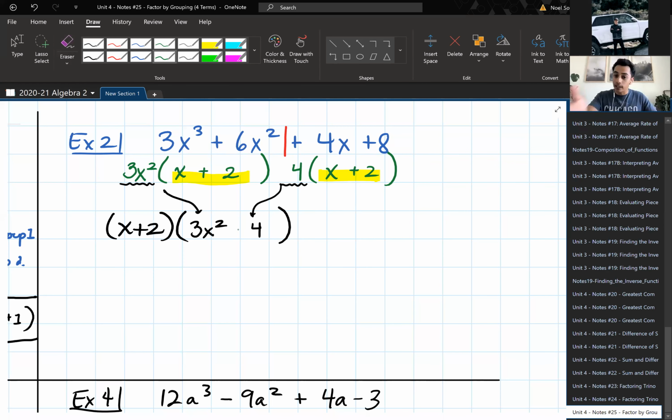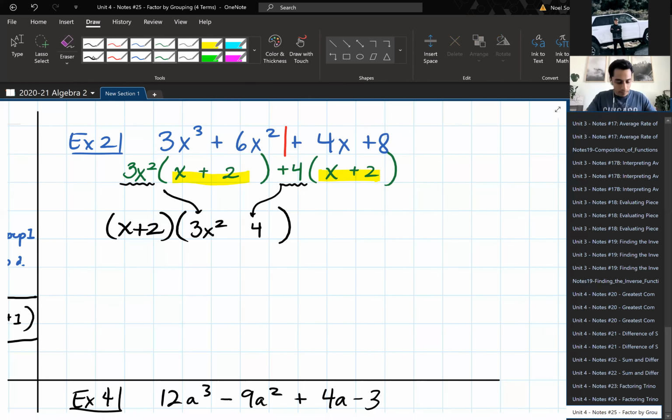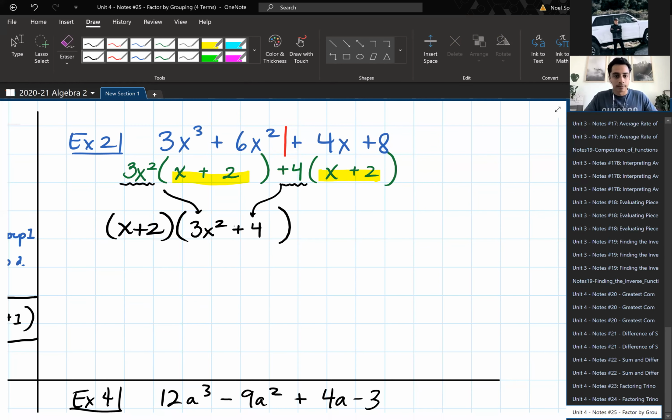And you might make the mistake of sometimes multiplying. Because you're kind of left without a symbol and you're wondering what to use. So even though it's kind of redundant, you're factoring out a positive 4. We usually don't write the positive, but I think it's helpful because it reminds you that there should be a positive in between the 2 terms. Okay, so there it is. Any questions on number 2?